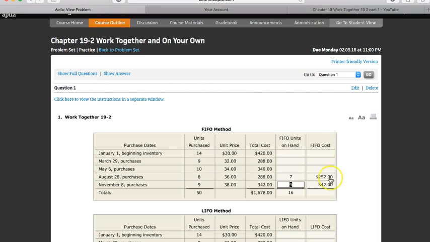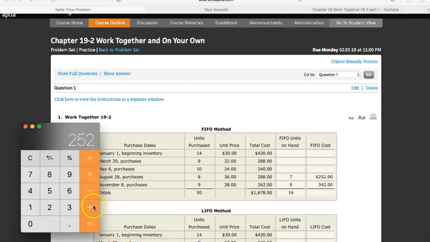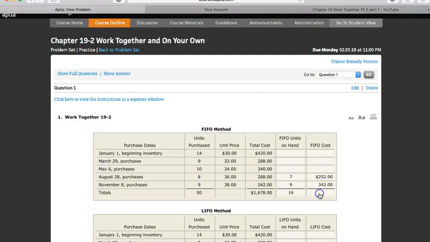And then we're going to add 252 plus 342, which gives us a total of $594. So that's the FIFO method basically. First in, first out: the first ones we bought are the first ones that sell.